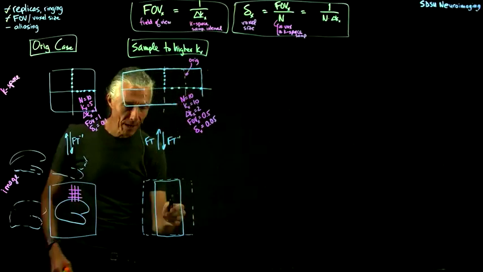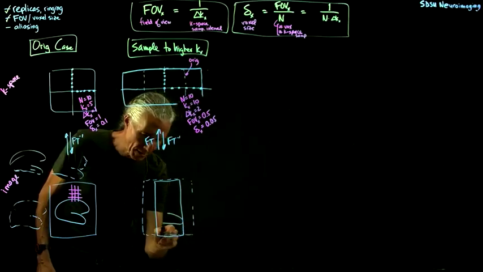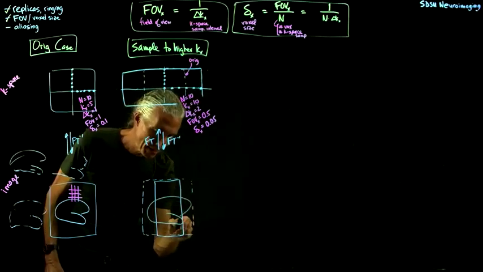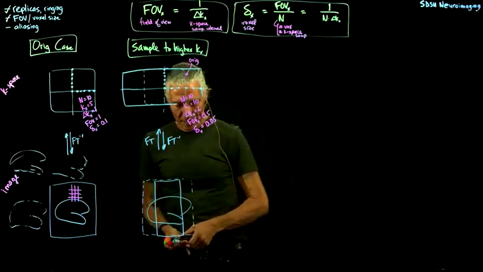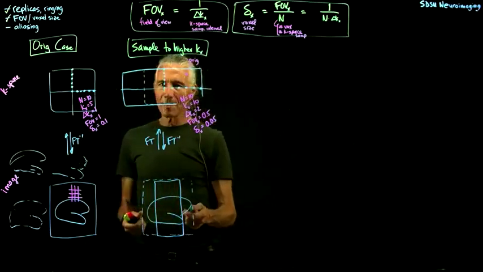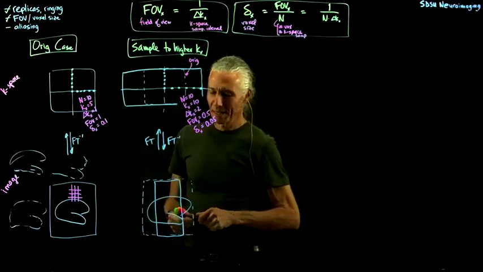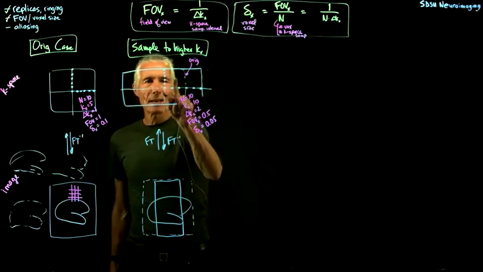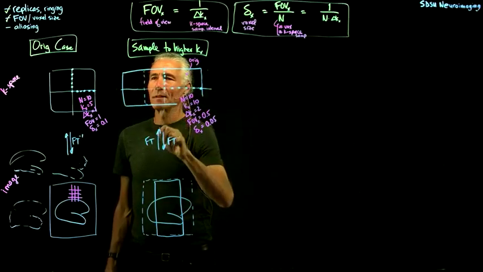And so now the brain is still in there. Brain hasn't changed size. It looks like this. And so what happens? Well, the replicas are going to come in, because we're not sampling k-space as finely as we did before.